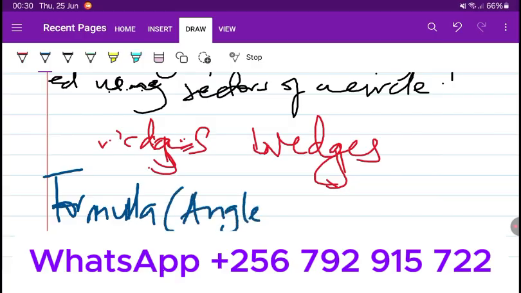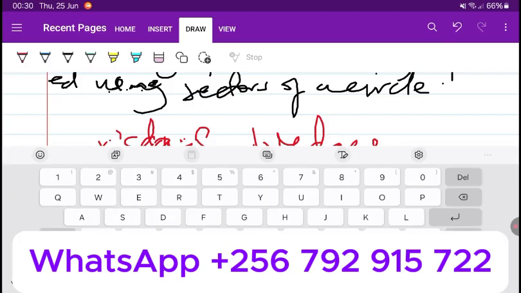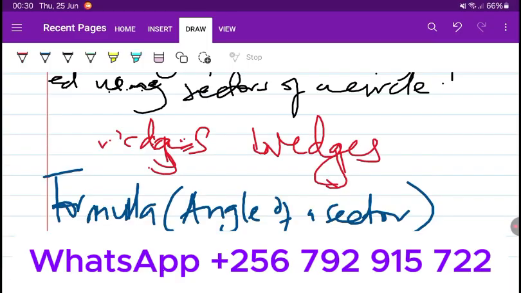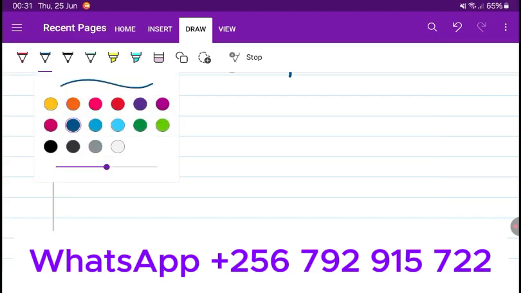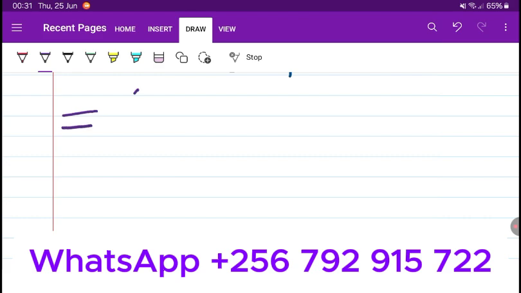The angle of a sector or a portion we get by taking the frequency of the data over the total frequency times 360, which is the total degrees available in a whole circle.